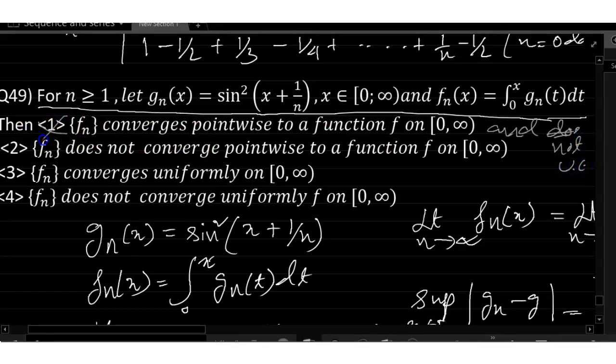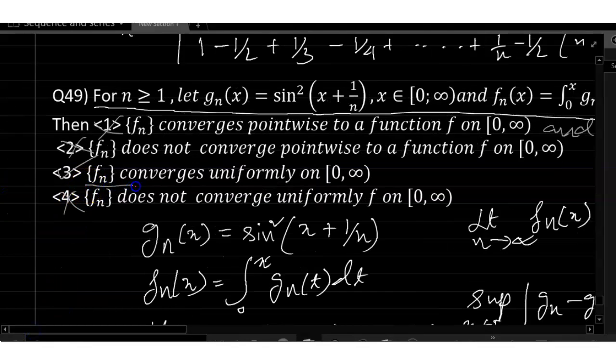This option is wrong. So if fn converges, this option, this does not converge, this is wrong. This portion, fn(x) converges on 0 to infinity. This option is correct.